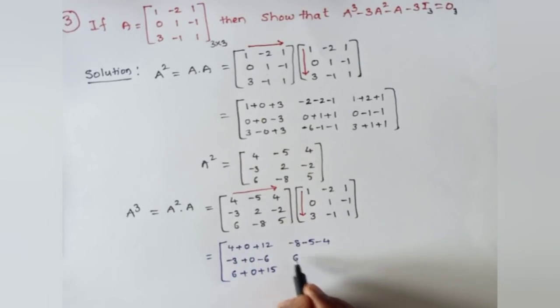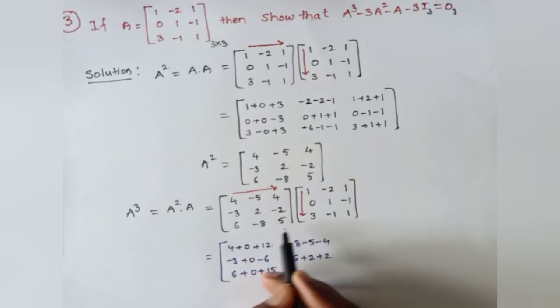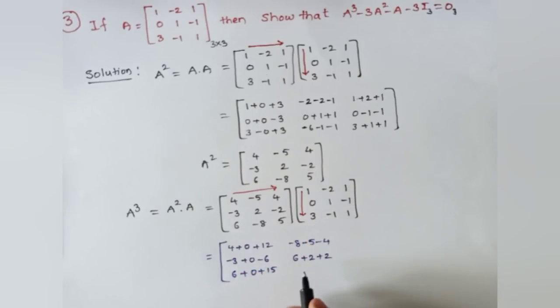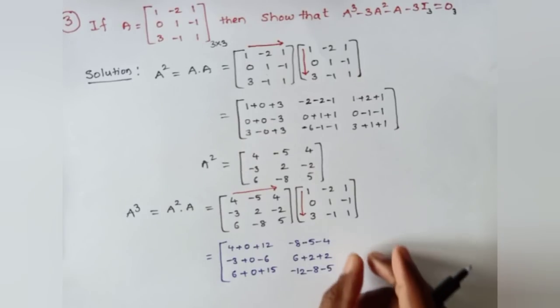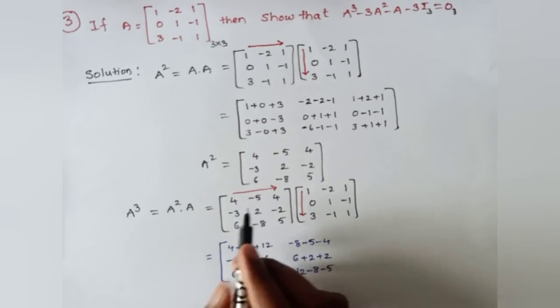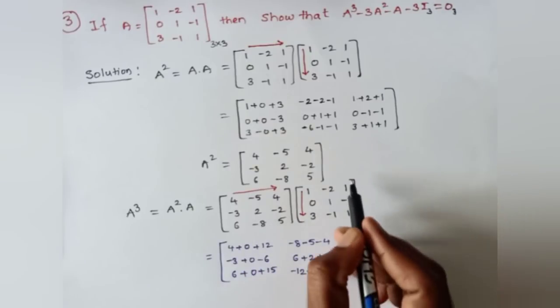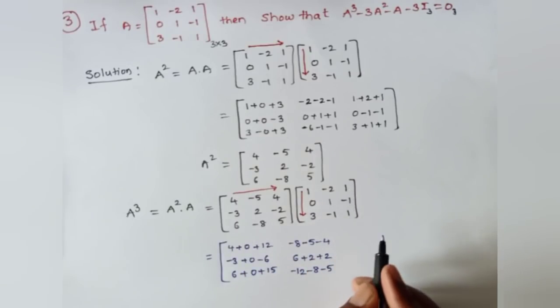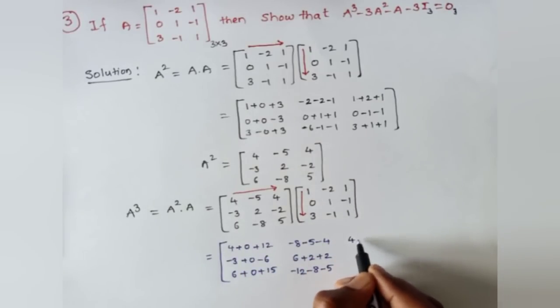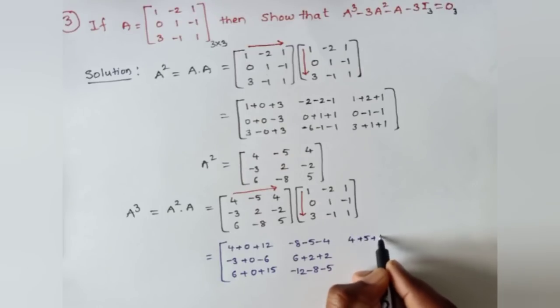So this is 6 plus 2 plus 2, and this is the row elements with the same column. So we get the elements minus 12, minus 8 and minus 5. To get the last column, you need to multiply each row with this column only, that is 4 plus 5 plus 4.